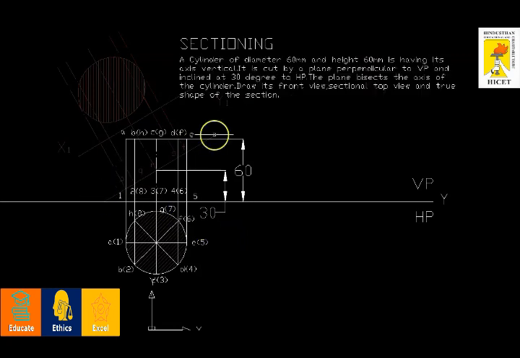And with respect to that, I am going to draw the cutting plane, which is inclined 30 degrees to HP. If it is HP, you know that you have to make it in VP. So 30 degrees, I am going to draw a line for 30 degrees. So hope it is clear till now. So 30 degrees, I have made a line. So let me check the angle.